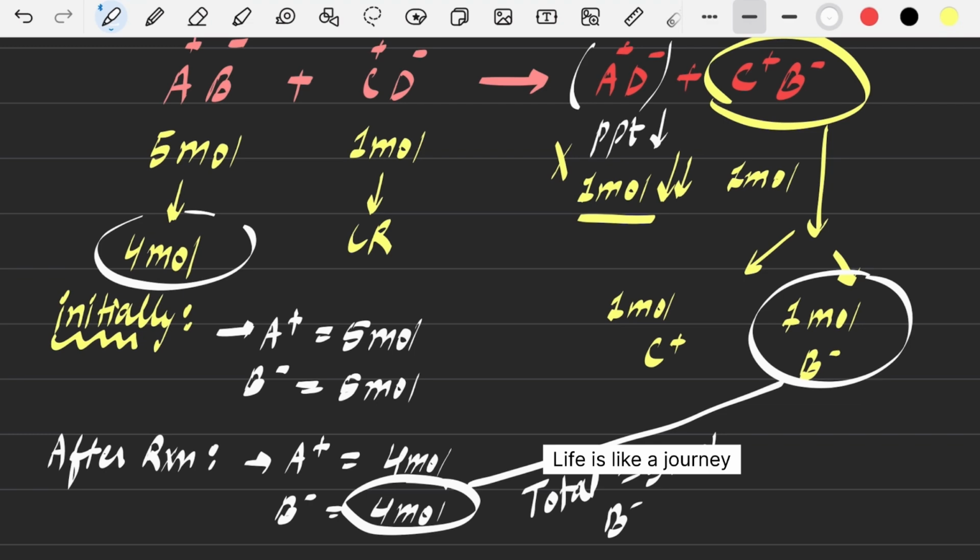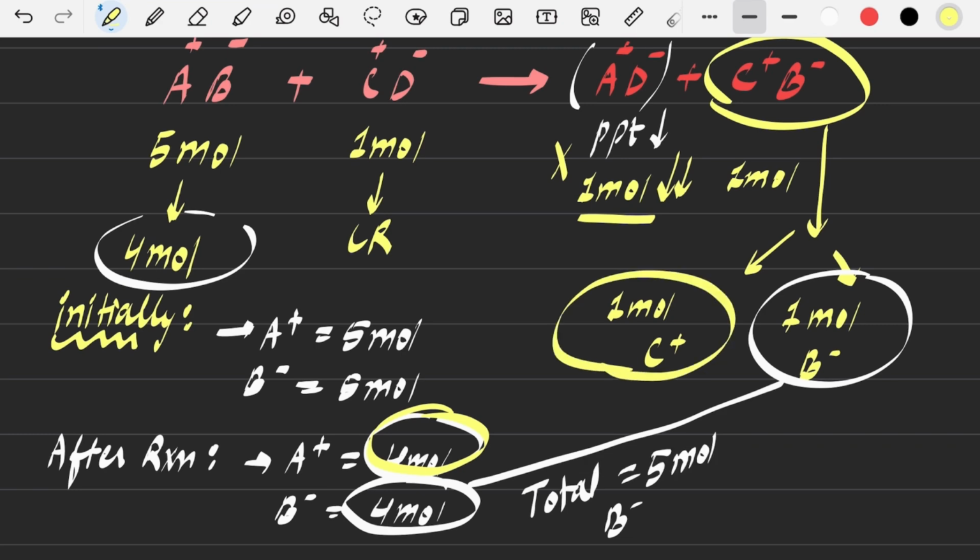But here 1 mole of A positive has been replaced by 1 mole of C positive. So we can say that C positive replaced the A positive ion. Okay, so far I think everything is clear to you.